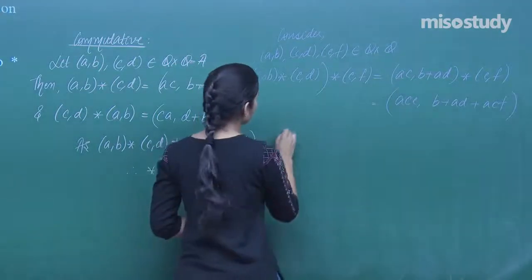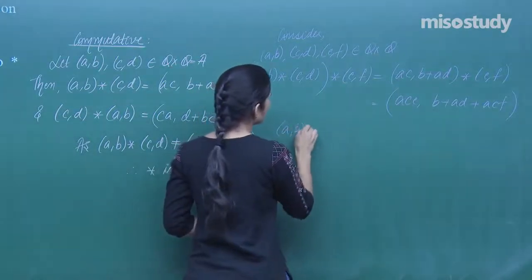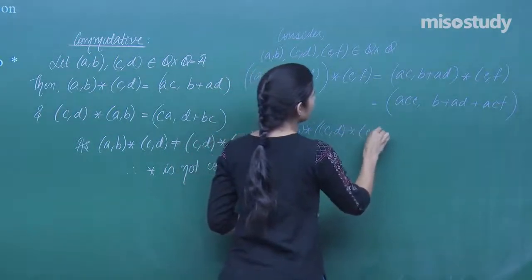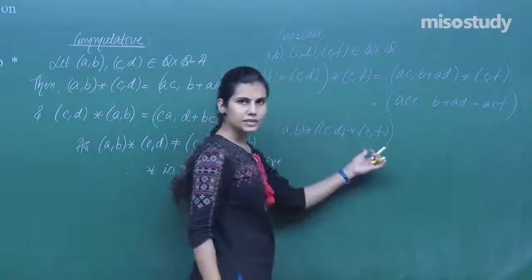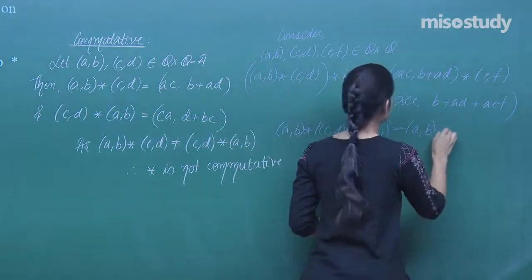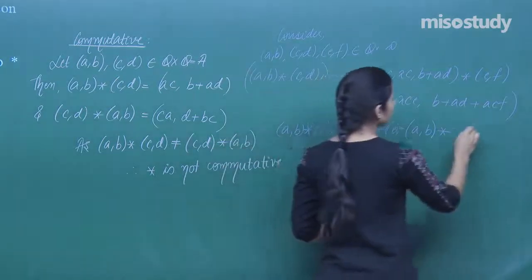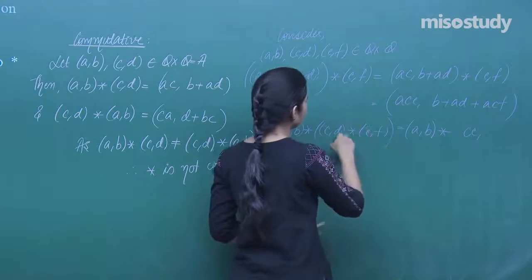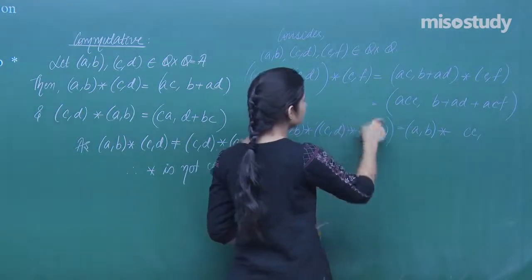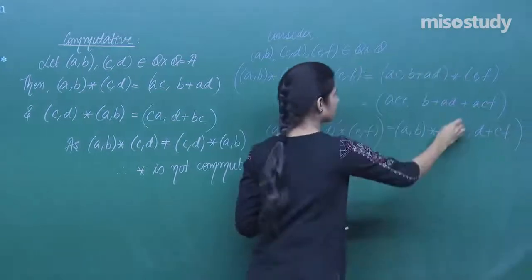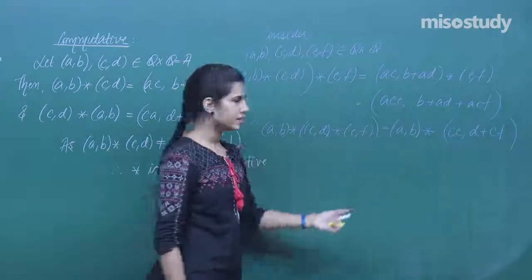And if I talk about (A, B) star ((C, D) star (E, F)), these two I first need to operate. (A, B) remains as it is, star, (CE, D + CF).